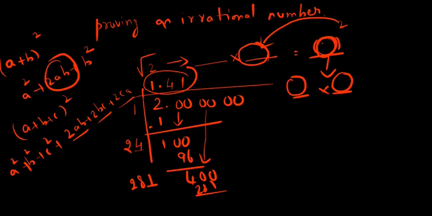If anyone asks you to prove root 2 is an irrational number, we have two ways. The first one is the one we have just learned, the dividing method. Another method is there, I will say that one.